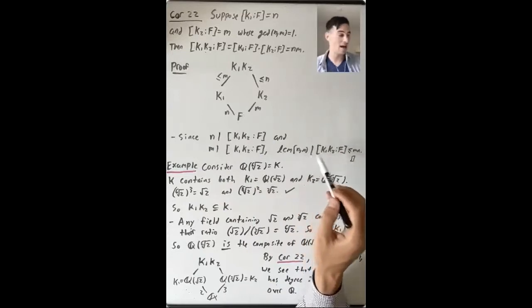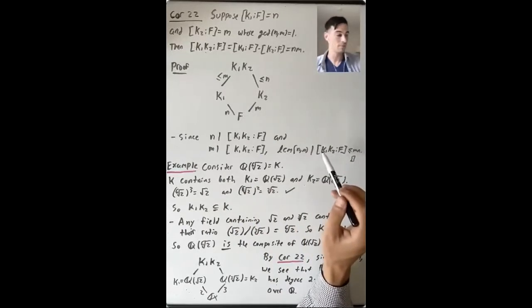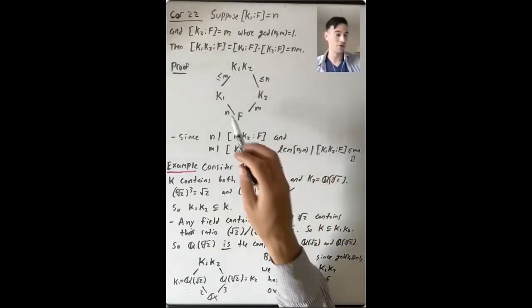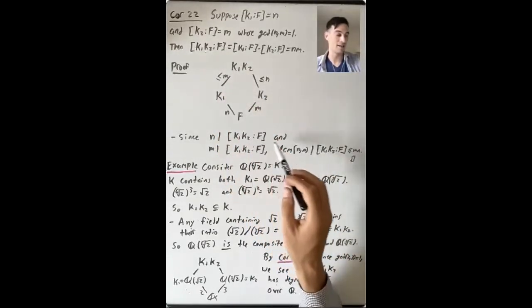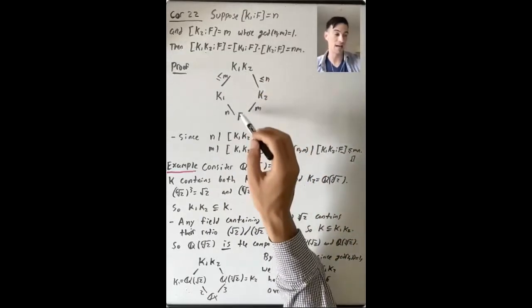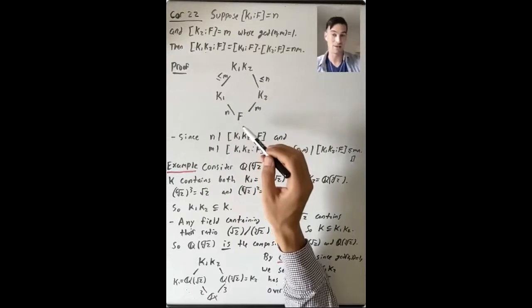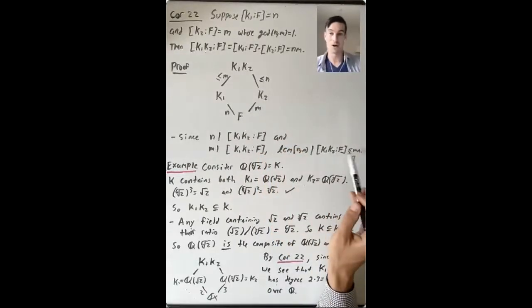So n times m divides this degree, and we know this degree is at most n times m. So in fact, it is equal to n times m. So we're using the multiplicativity of degrees to say that the least common multiple of n and m must divide the degree of this extension. So when you have n and m being relatively prime, you're already done.